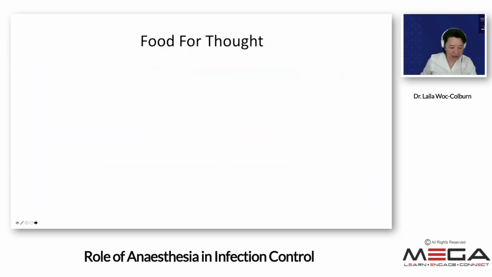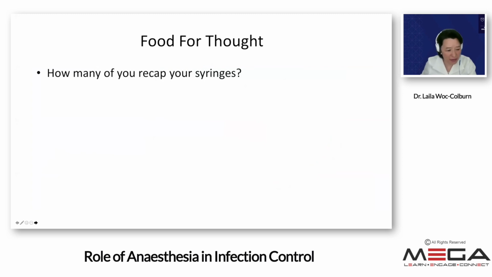So let's have some food for thought. My first question is, how many of you recap your syringes? It can be that you use a syringe to inflate a balloon, to give some medicine. Do you dispose of your syringe, or do you recap your syringe?